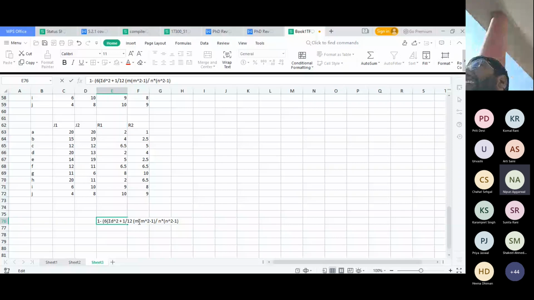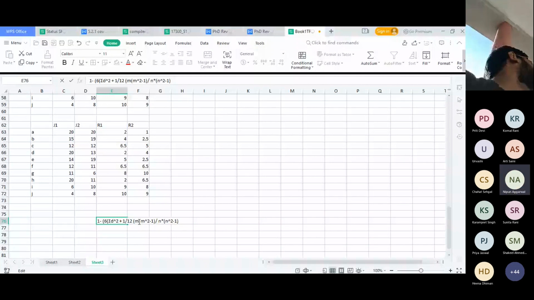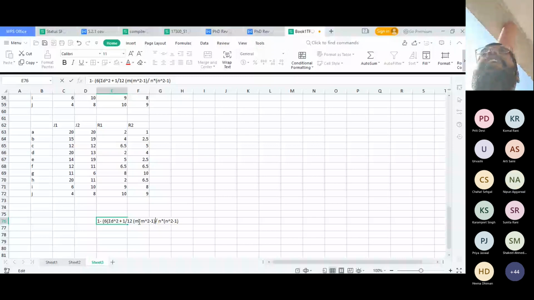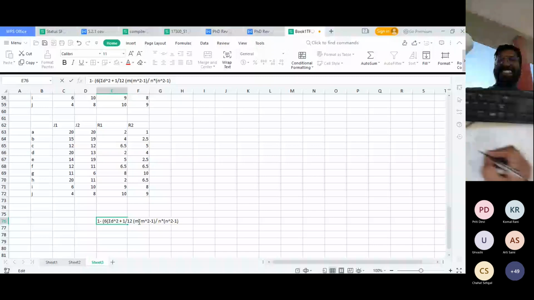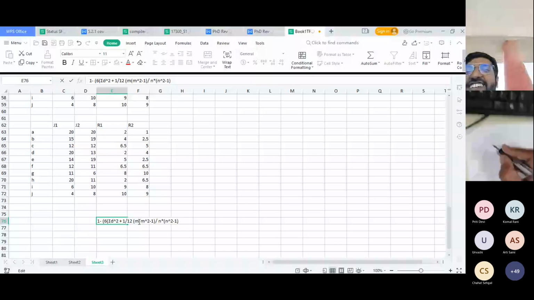I'm writing this particular formula in the copy, because in Excel we cannot write in the copy, so I'm showing you on that. The screen is visible, camera.